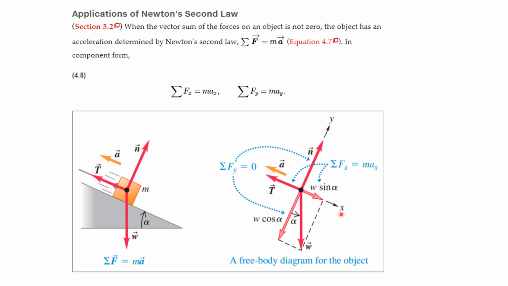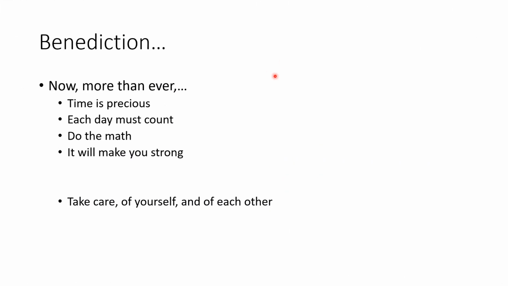But in the x direction, that is along the inclined plane, we're going to be looking at the comparison of the acceleration, the mass of the box times this, and we're going to be comparing it with this. And the summation of these forces is going to tell us what's happening with the box. The net force is going to be the mass times the acceleration up and down the plane. Now we're going to do some examples of this when we return in the next video.